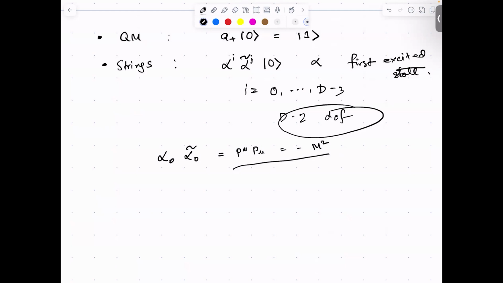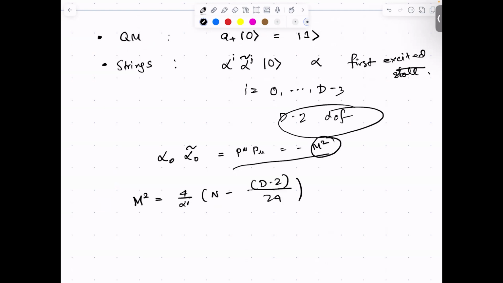And it turns out that the first excited state, if you compute this, gives an expression for m squared, which is, let me write it like this. Now, this is super important because this is my punchline, probably. I should not say the punchline before saying its punchline, right?